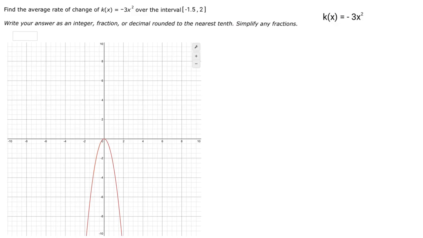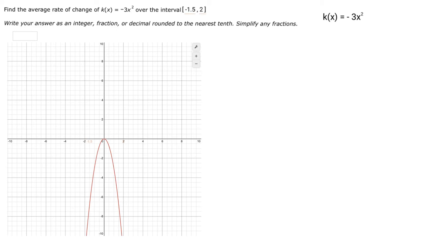So this problem is asking us to find the average rate of change of k of x equals -3x squared over the interval -1.5, 2. And you can see that this graph is curved. So it's not as straightforward as just finding the slope of the line. You actually need to identify the interval and then calculate the y value of the points that are on the graph. We can try to do this graphically.